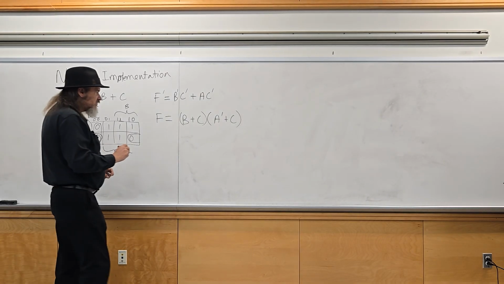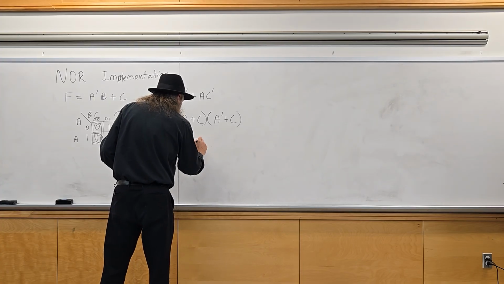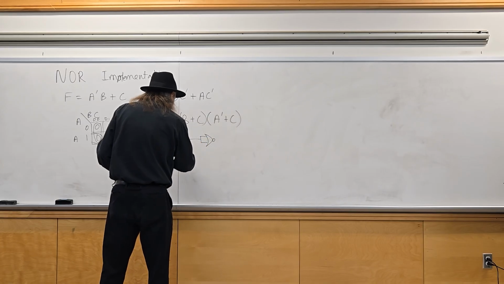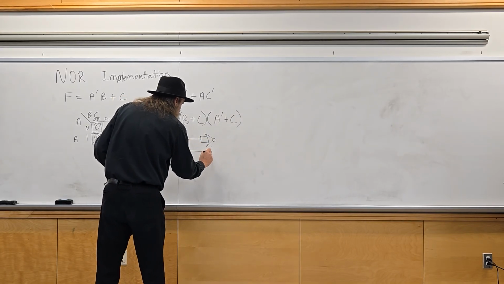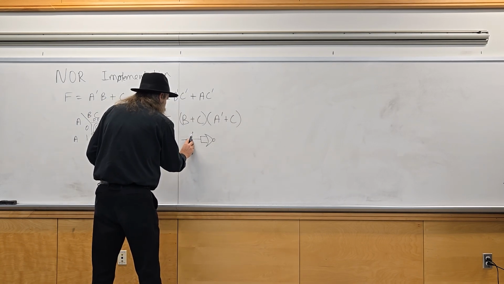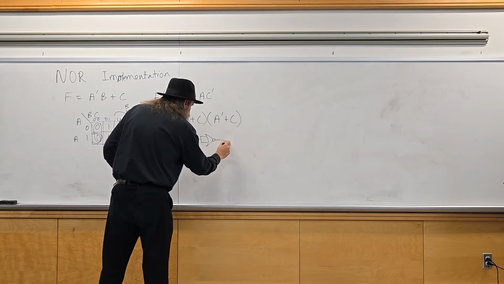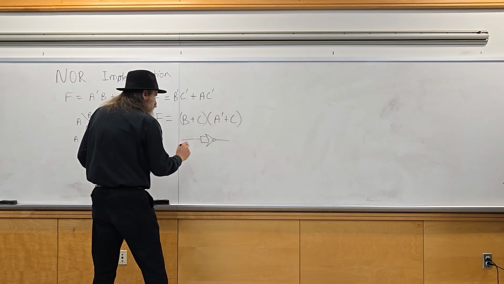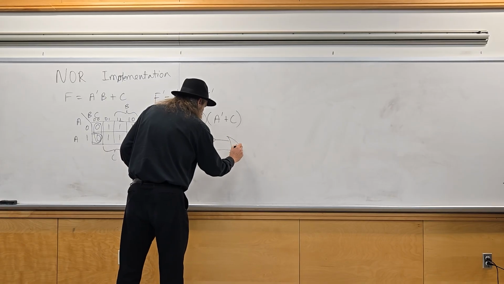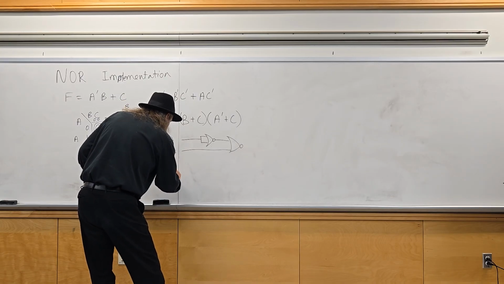And then from there, you can just go with, oh no, I don't need A, I just need A prime. And then A prime, C. And B here.